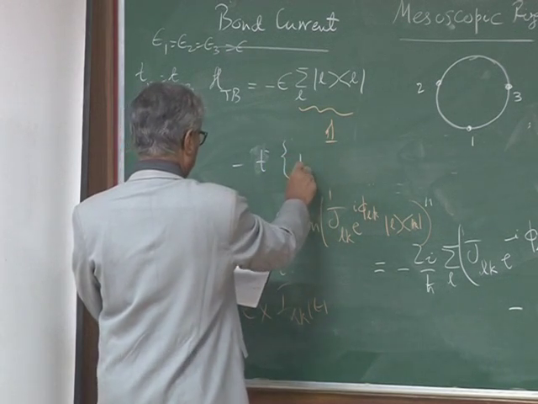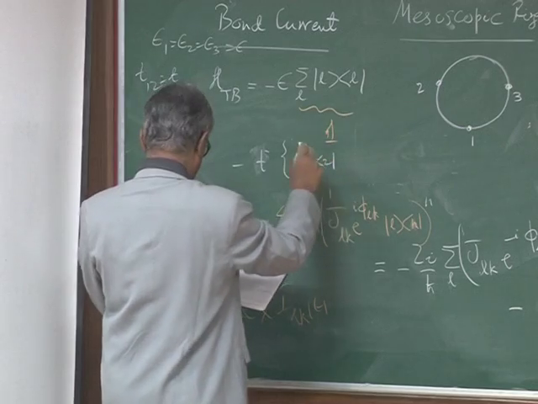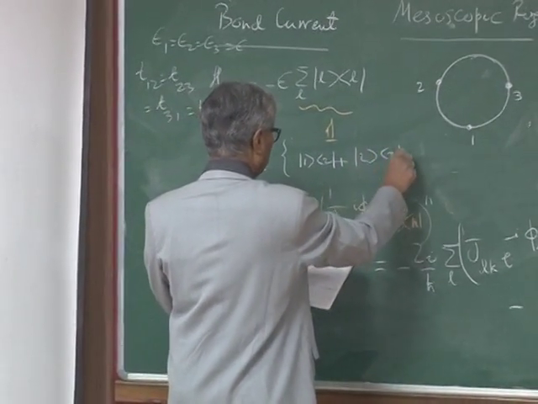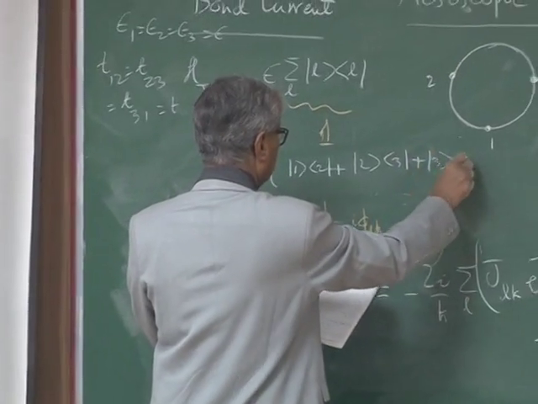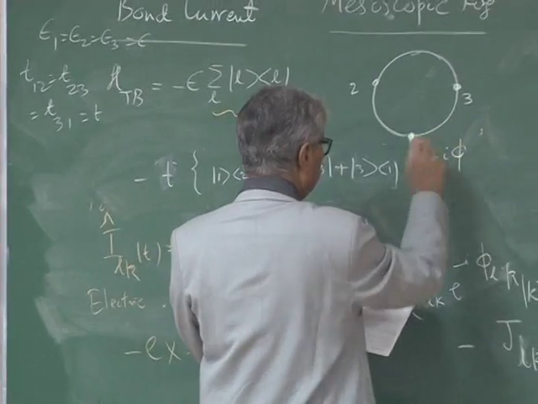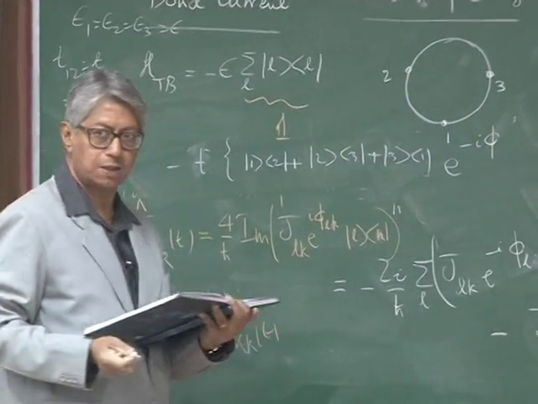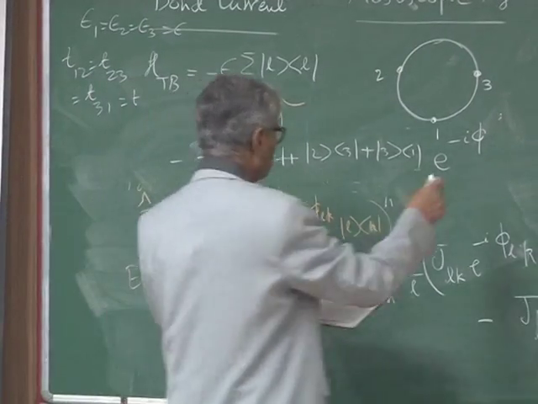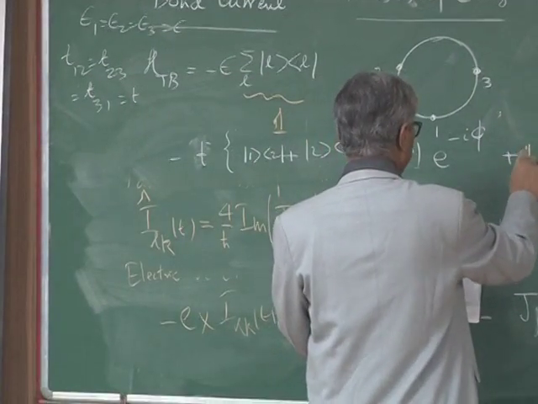So you have projection operators |1><2| plus |2><3| plus |3><1| times the Aharonov-Bohm phase e to the minus i phi, a constant phase because I have assumed these sites to be all equivalent, plus of course the Hermitian adjoint.